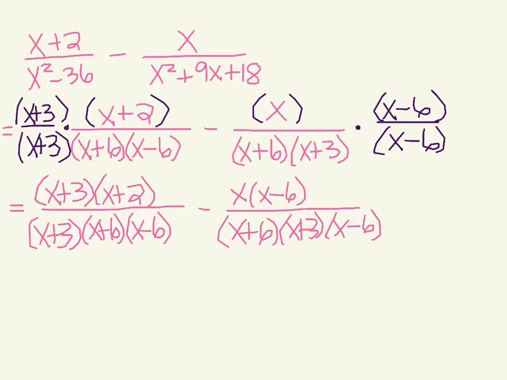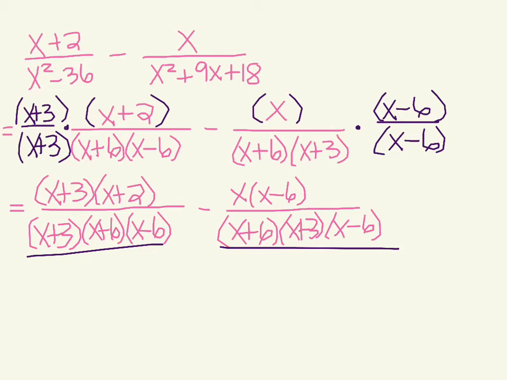So now my two fractions have the exact same denominator. I mean, even though it's written in a different order, like the x plus 6 is here, but then on that one it's somewhere else, it doesn't matter because multiplication can be done in any order. So now that they have the same denominators, I can go ahead and add the numerators.